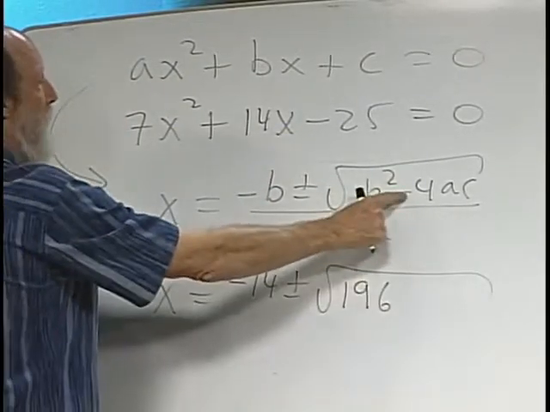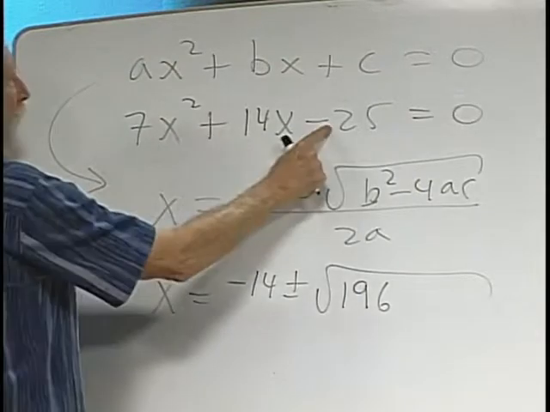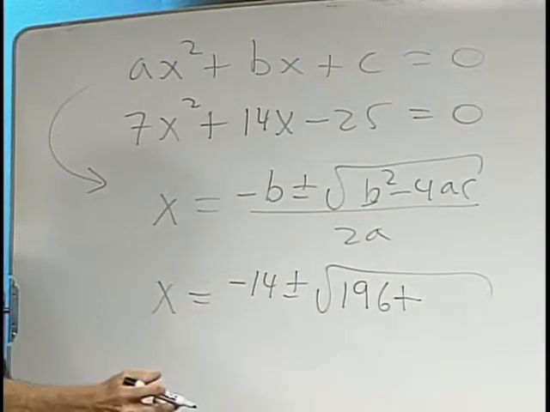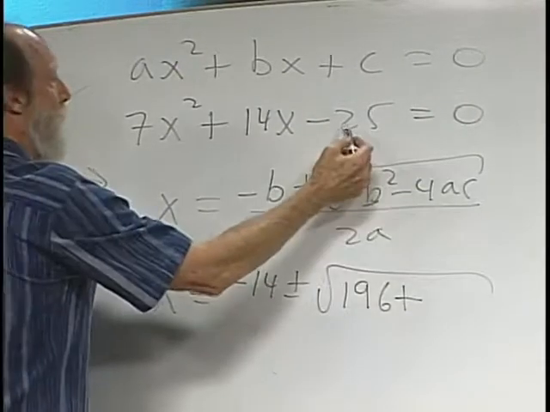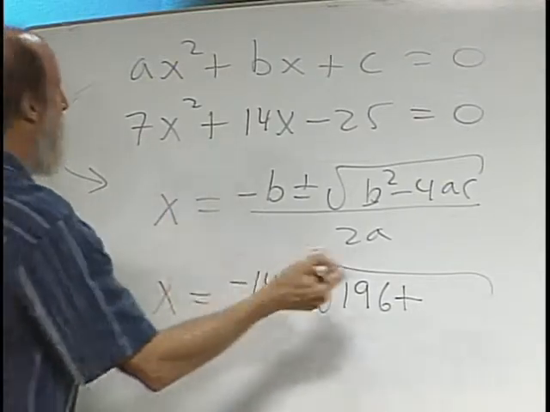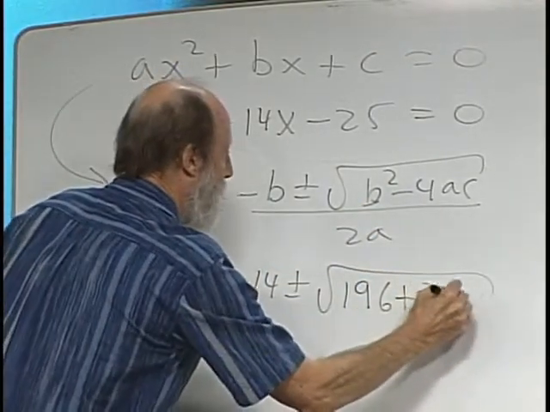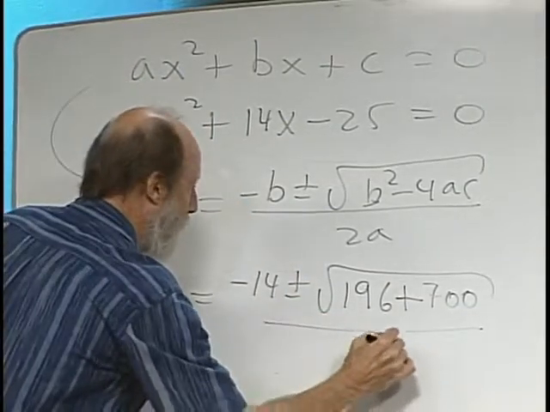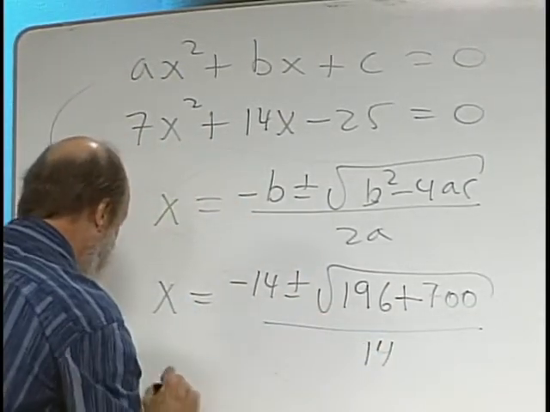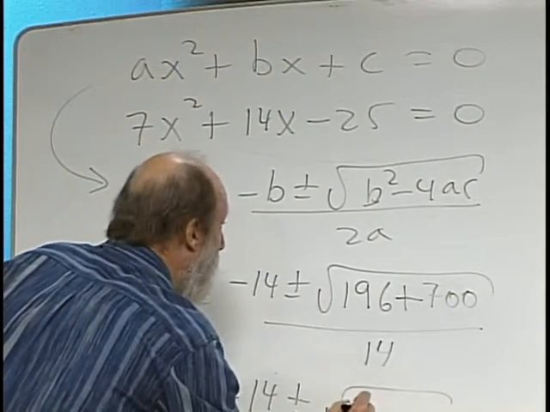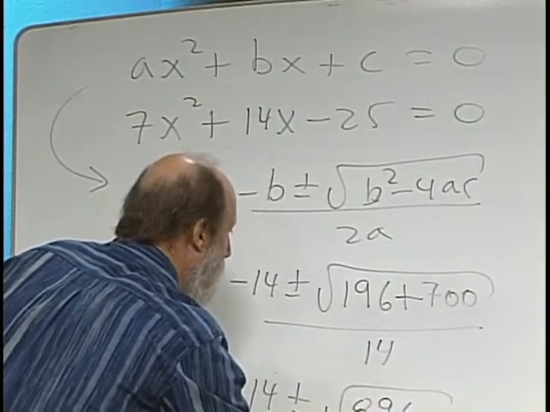If I have a negative times a negative, I know that's going to now turn positive. Now all I worry about are the numbers. 4 times c is 100 times 7 is 700. So I'm adding 700 to the 196. All over 2a is 14. So then let's keep on going. Negative 14 plus or minus the square root of 896 all over 14.